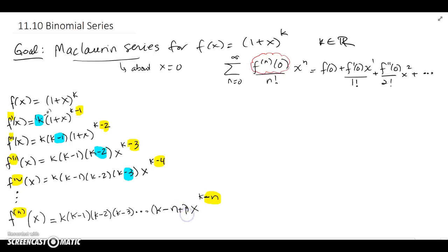I can say I'm actually stopping at k minus n plus 1, because at negative 4 plus 1 is negative 3, at negative 3 plus 1 is negative 2, at negative 2 plus 1 is negative 1, and so forth. So I'm stopping at k minus n plus 1. Or you can think of it as stopping 1 less than the previous term, which, if you distribute the minus, is k minus n plus 1.